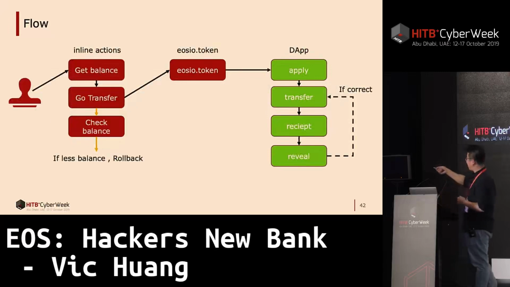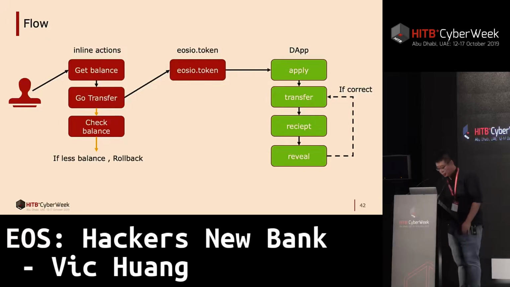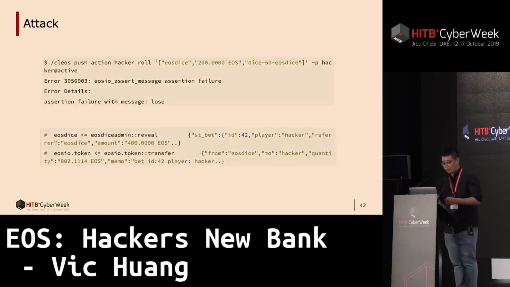So what we do here is we send a lot of inline actions to play the game. But if we check that our balance didn't increase, we just make a rollback. So we can try thousands of times if you have enough CPU or net, and it has no cost because the inline function is rolled back. So you don't have to pay anything. So here's the attack.